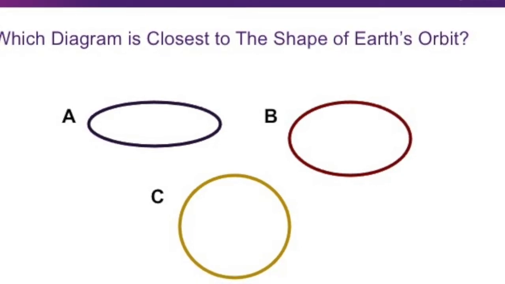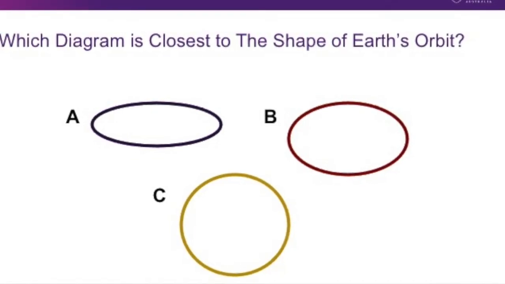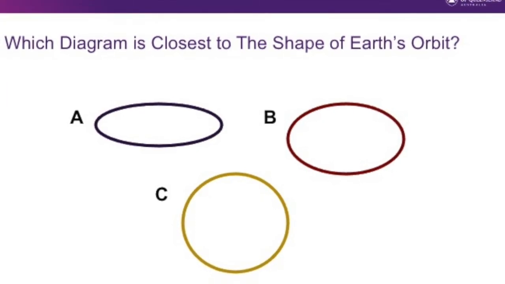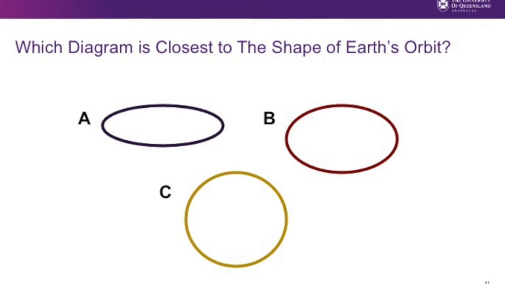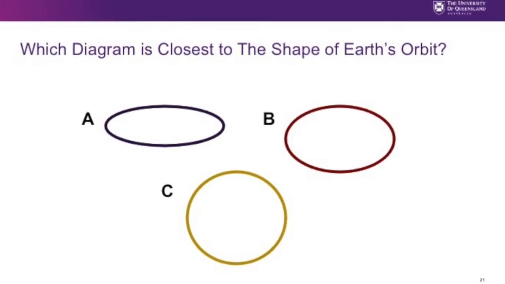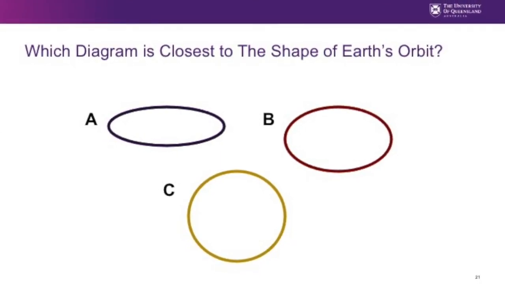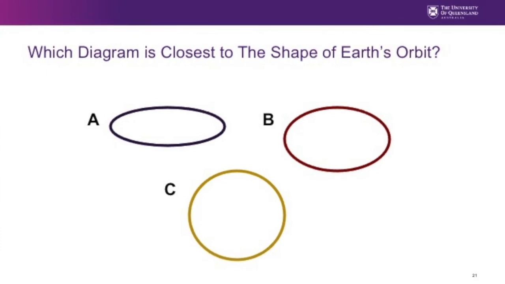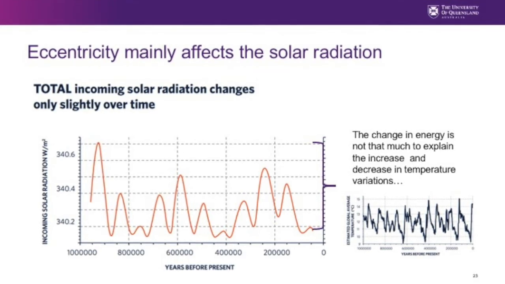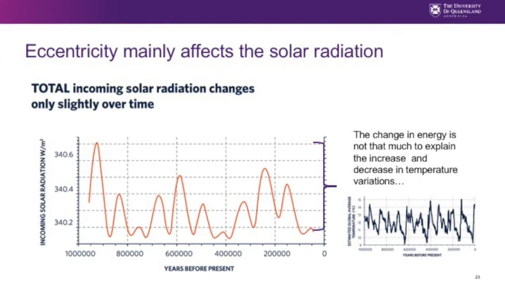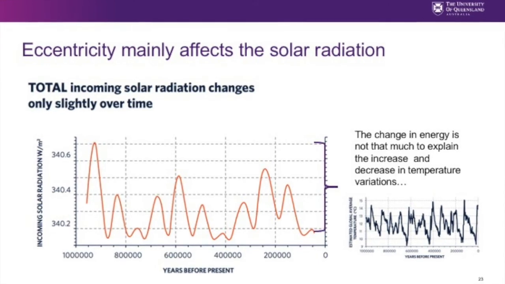Well, it is also important to mention that the shape of Earth's orbit is not very elliptical. It is more like a circular shape. But even these small variations make a significant change in the amount of sunlight hitting the Earth. So we have explained that the sun and the orbital movements change the climate.